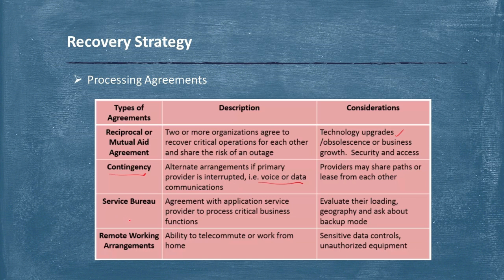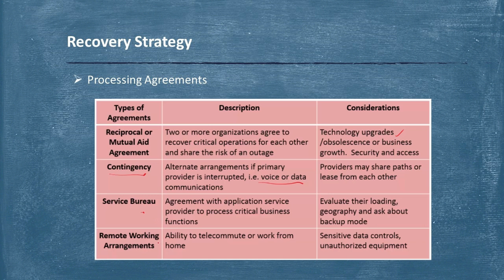The third one is a service bureau agreement with an application service provider to process critical functions. Evaluate their loading, geography, and ask about the backup mode. They will process on your behalf, this service bureau, and then provide the output.